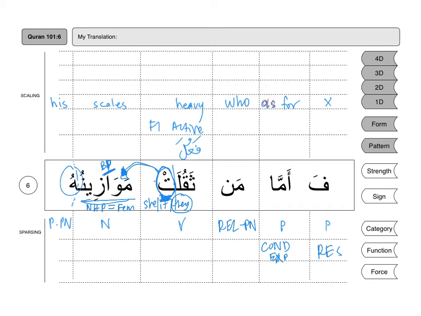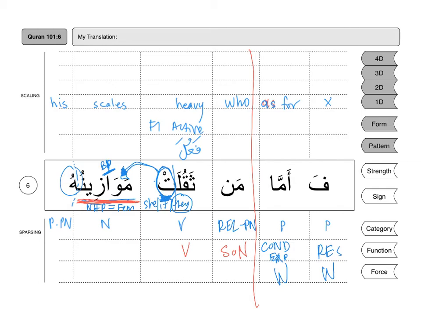So let's go to grammatical functions. Okay, now fa is a watcher, amma is a watcher. Now the relative pronoun here is as if you are beginning a sentence, and it's a noun, right? So therefore it becomes the subject of a nominal. So that's the subject, and then you have a verb after it, and every verb has a subject of verb. In this case, the subject of verb is clear, mawazin, a standard noun, not a pronoun.